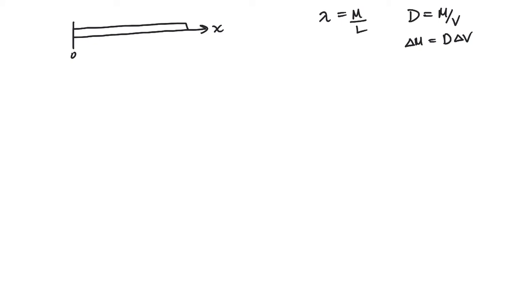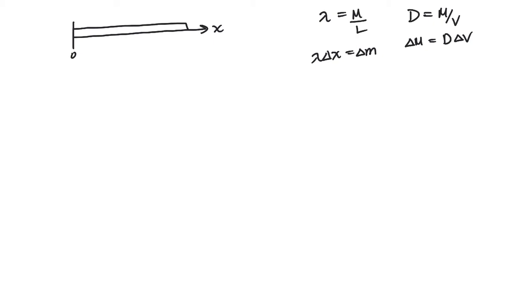If I had a uniform object, I would just take its mass, divide by its length, and I'd get the linear density. And then, very similar, if I had the linear density and I multiplied by some little piece of the object delta x, I could get the mass of some little piece of the object delta m. Okay, so that's all very good.